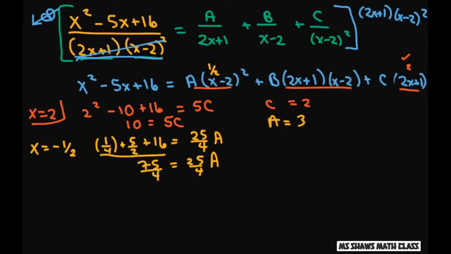Now, to get the B part, what we're going to do is equate coefficients of x squared. The way we can do that without overworking and making it really messy here is, I know that the coefficient for this x squared is 1.